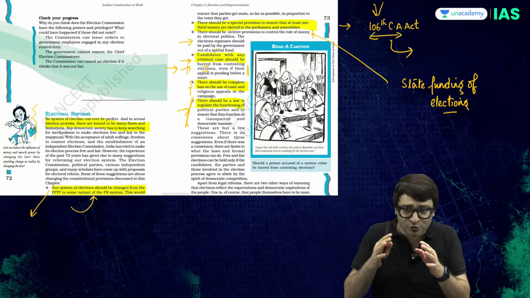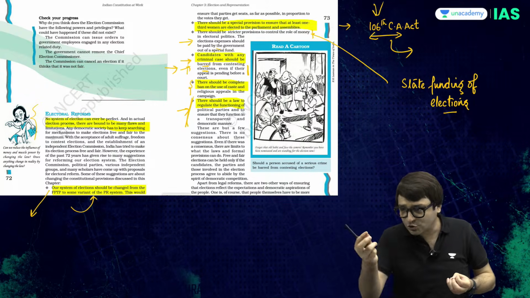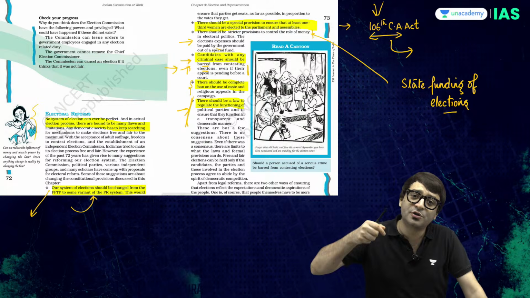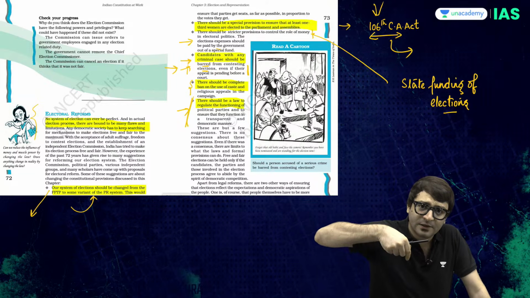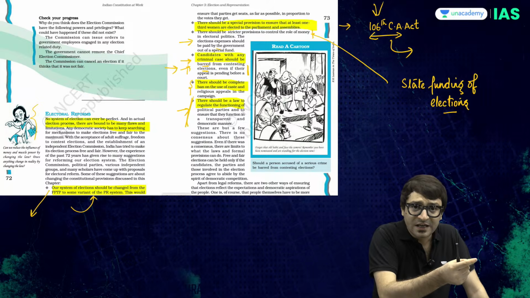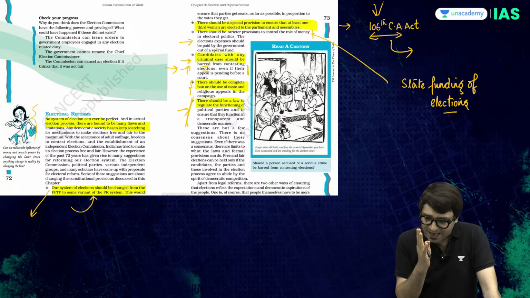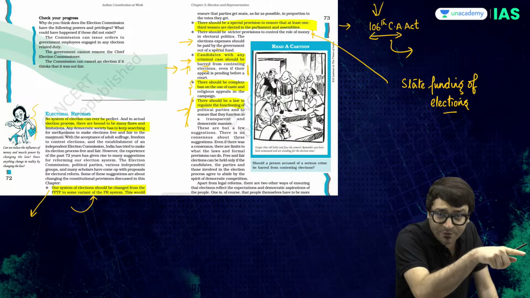Our constitution talks a lot about what should be your qualification, what should be your disqualification. But the constitution is silent on the political parties which set up candidates to contest elections. So we have requirements for candidates, but not for political parties.